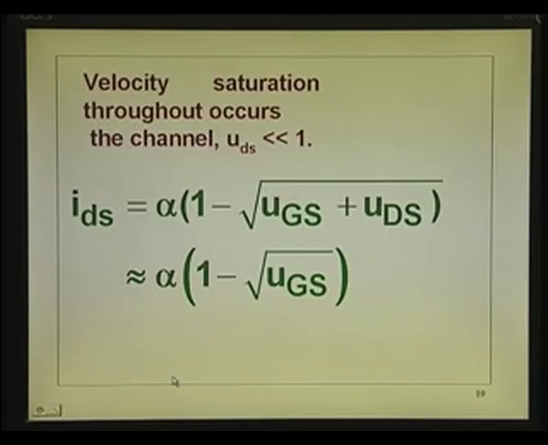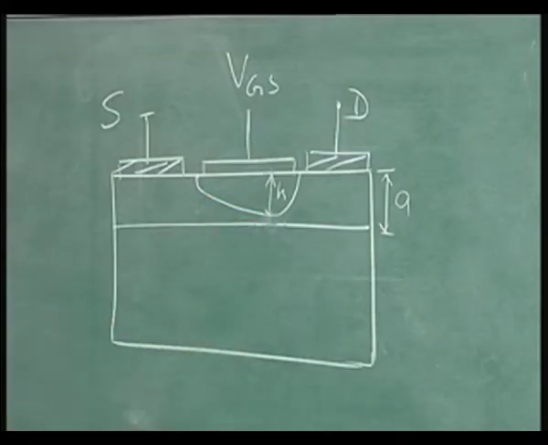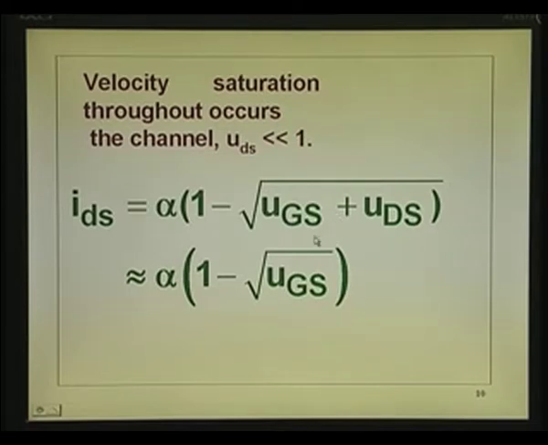Now, let us go to that. I D sat is actually equal to, what is I D saturation? This I hope you agree, because this equation we have derived by writing the current here. Now, what we are telling is U D S is very much less than 1.